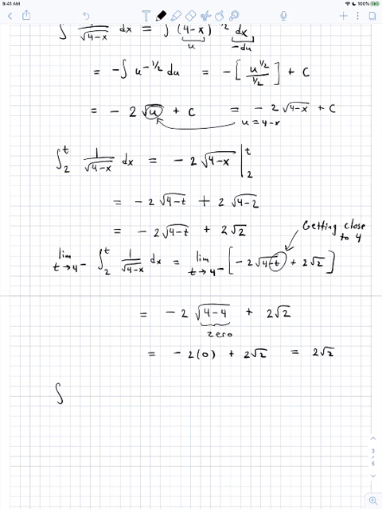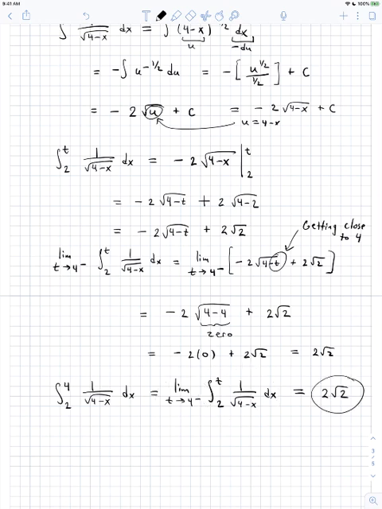So to summarize, the integral from 2 to 4 of 1 over the square root of 4 minus x dx is equal to the limit as t approaches 4 from below of the integral from 2 to t of 1 over the square root of 4 minus x dx. This limit is 2 square roots of 2.